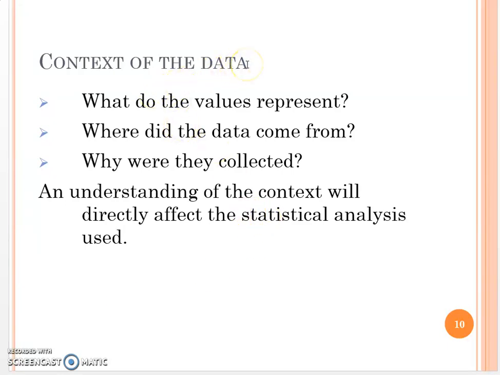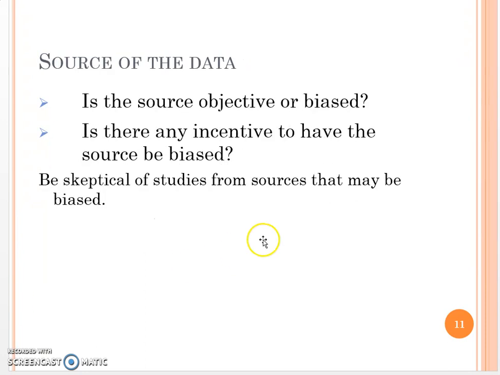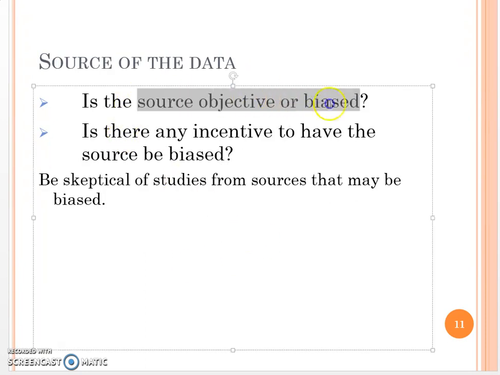When you are reading any statistical statement, or for example reading some articles from a newspaper, you need to think about the context of the data that they have collected. Questions you may think about are, what do the values represent, where did these data come from, and why were they collected? Also, is the source objective or biased?